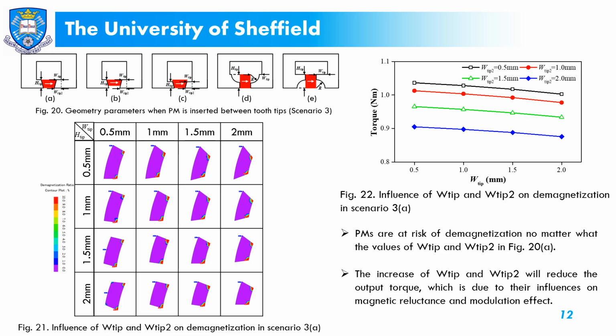The increase of W-tip and W-tip2 will reduce the output torque, which is due to their influences on magnetic reluctance and modulation effect.